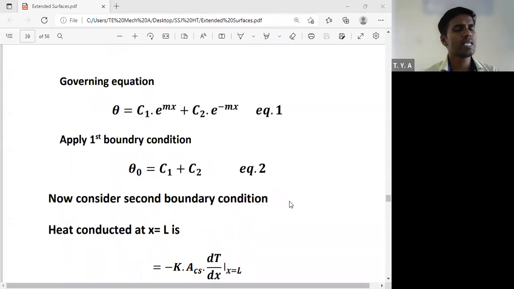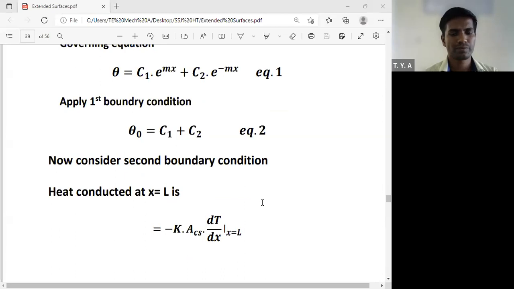Now we have to consider the second boundary condition. Okay. So heat conducted at x is equal to L. So we have to write down the equation. Heat conducted equation at x is equal to L, that is minus K into cross section area into dt by dx at x is equal to L. So this much amount of heat is conducted at x is equal to L. Okay, so this is the equation, minus K into A into dt by dx.